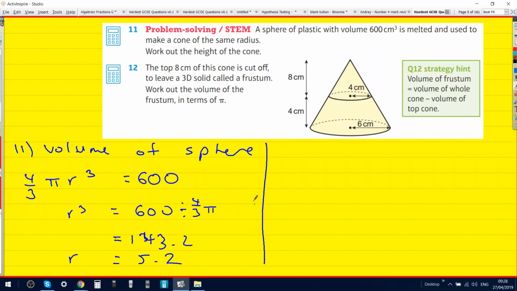And then you use it to make a cone. Do I need to sub that into the volume of a cone? Is that like 1/3 pi r squared? Oh, and height. Okay.